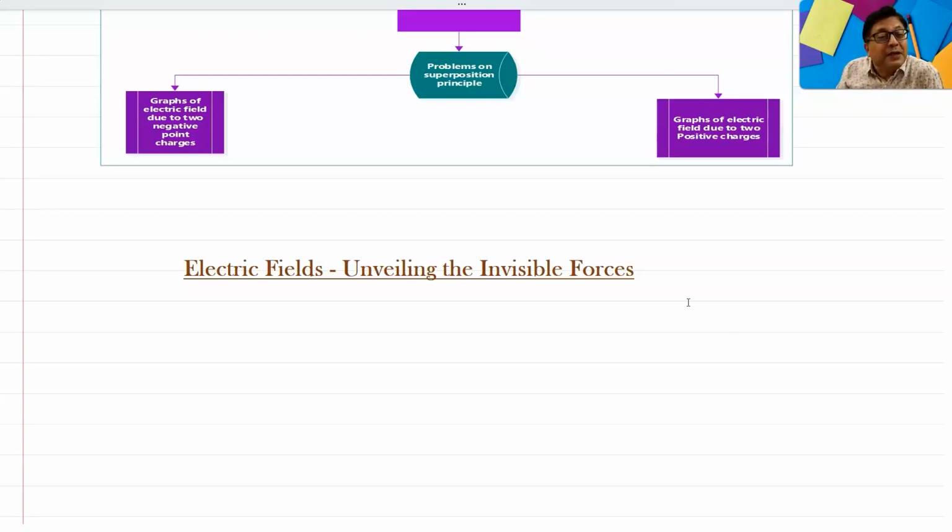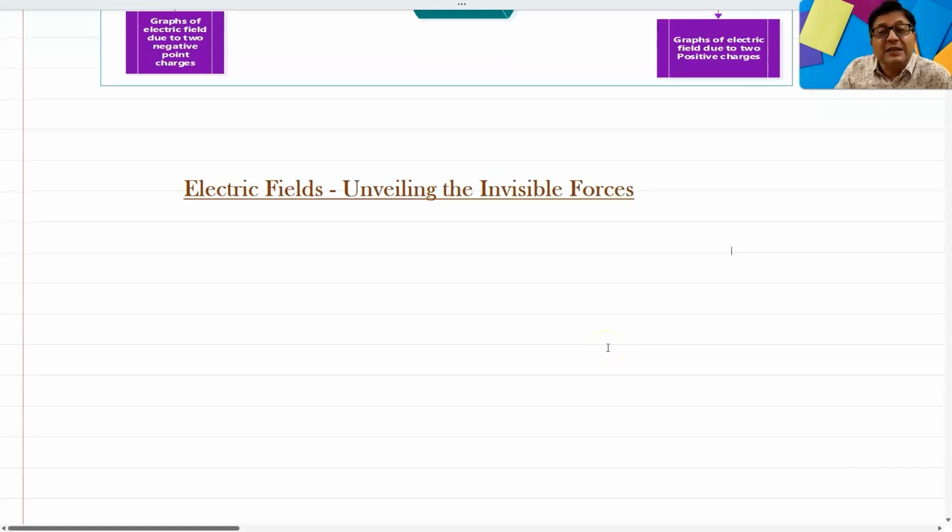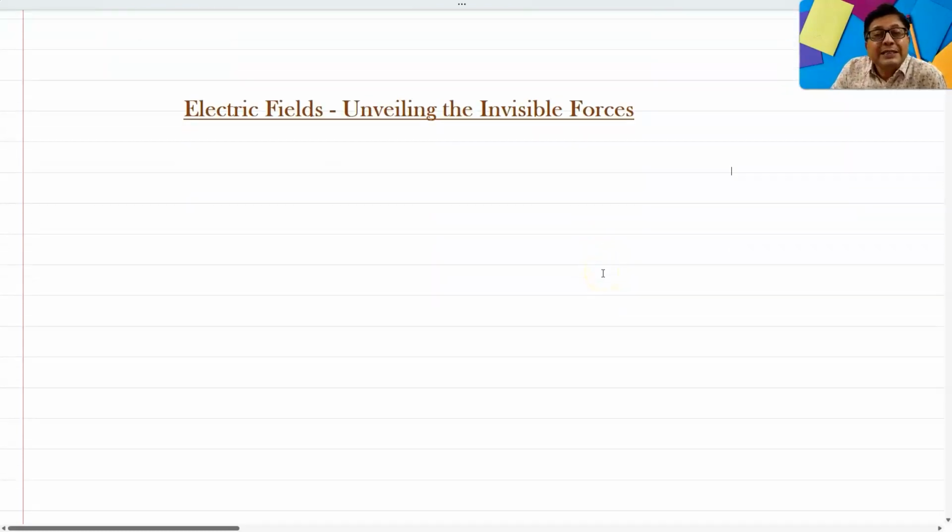So electric field is the result of interaction of two charges, where one charge will be considered as the test charge and the other one is the source charge. What is the role of the test charge here? Source charge is understood. Okay, let me take these two charges here.